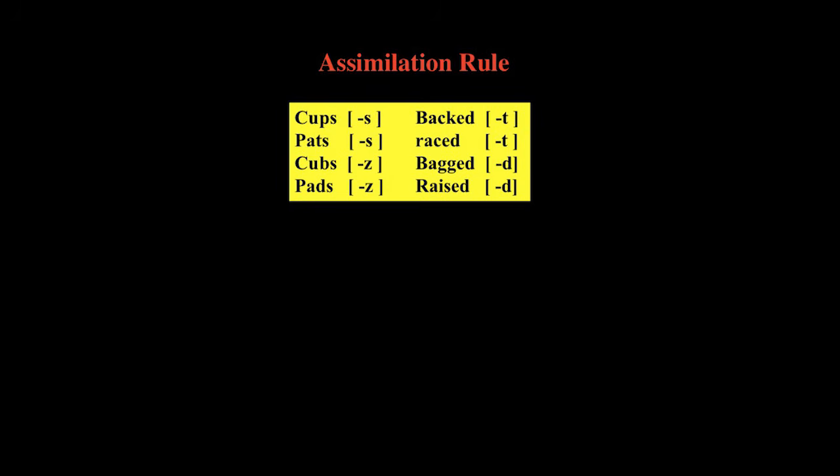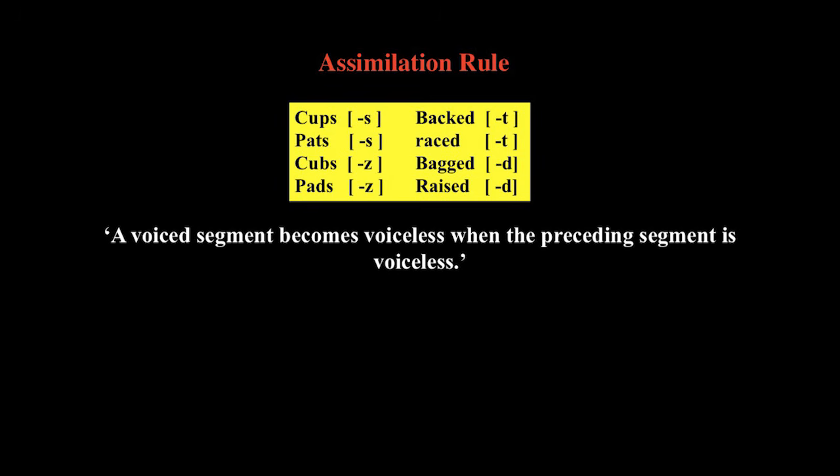Now, as a phonological rule statement, we can say a voiced segment becomes voiceless when the preceding segment is voiceless. This is exactly the informal phonological rule as a statement. I repeat, a voiced segment becomes voiceless when the preceding segment is voiceless. Now, how can we change this into a formal phonological rule notation?